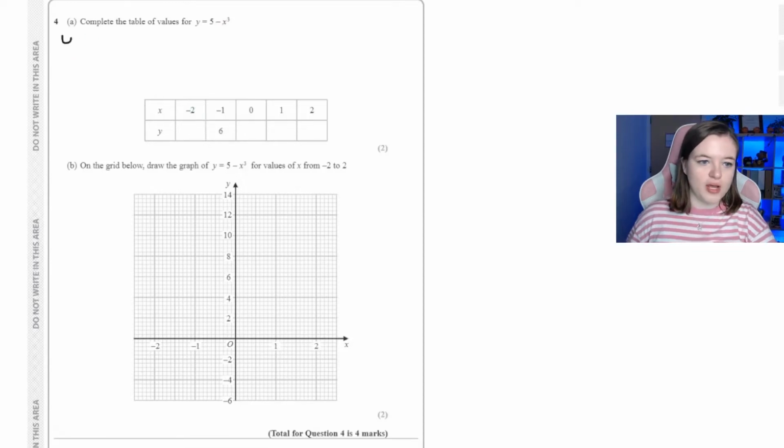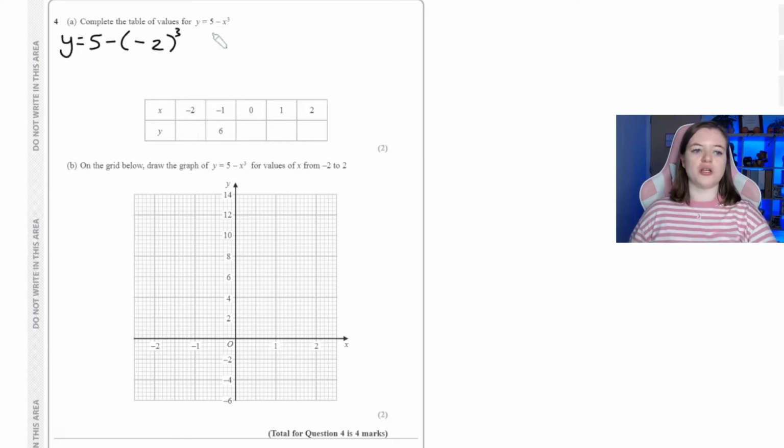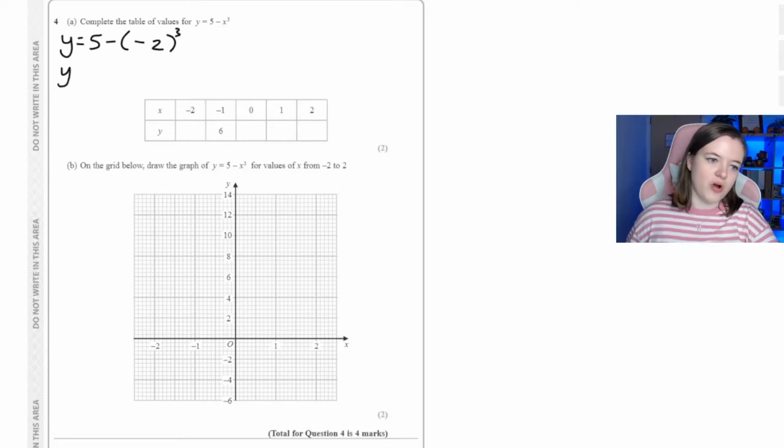So y is equal to 5 take away minus 2 cubed. So we're going to substitute whatever value we have into the equation. That's minus 8. So 5 minus minus 8, that's 5 plus 8, which is 13. So first one is y equals 13.